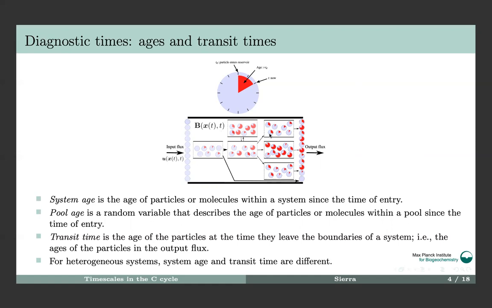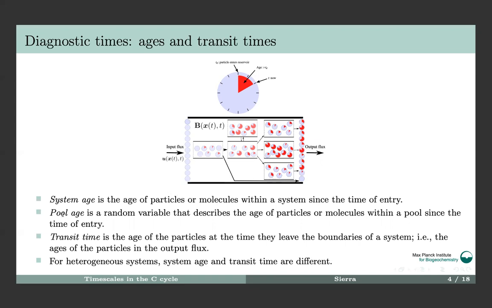We can compute the standard deviation of the ages. And therefore, we obtain a good statistical characterization of the system age of carbon inside our ecosystem.